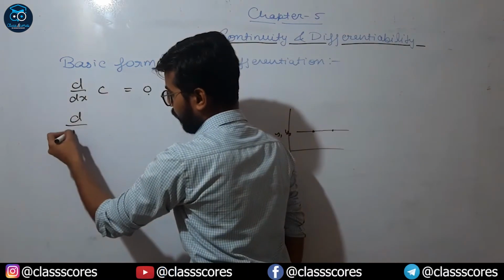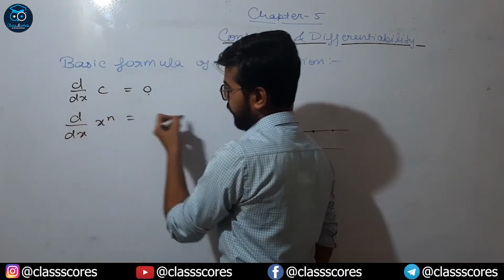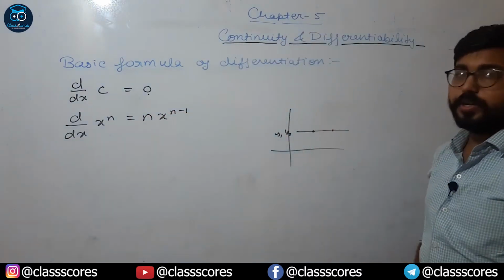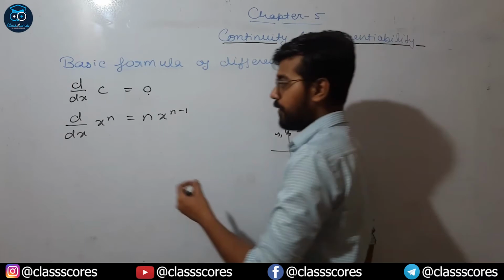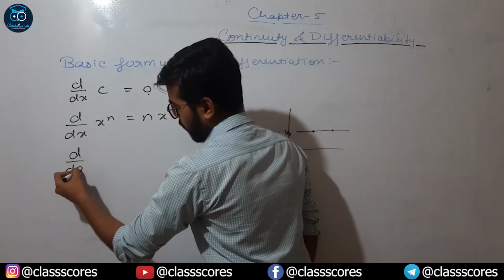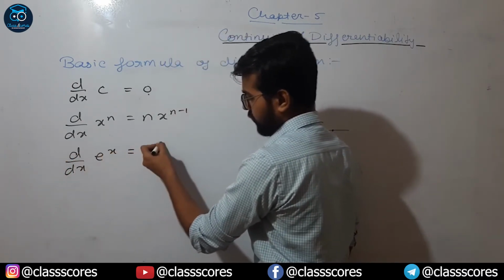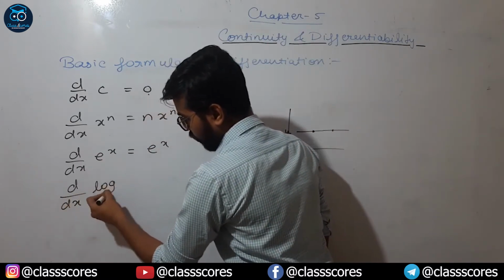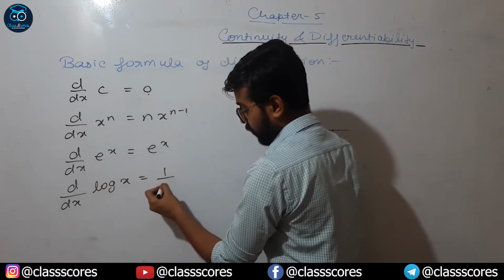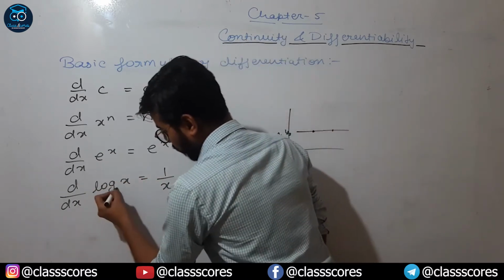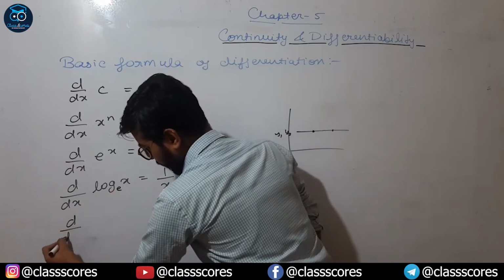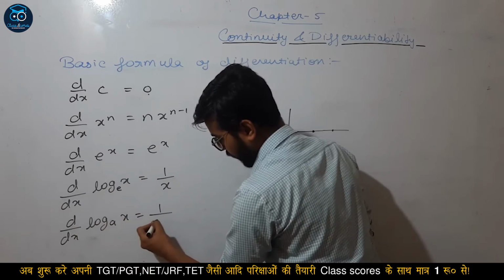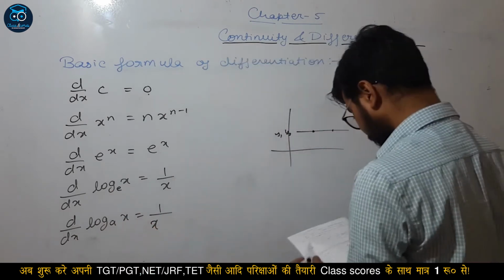Now d upon dx of x to the power n is n x to the power n minus 1. This we already proved in class 11th chapter 13, limits and derivatives. Now next, d upon dx of e to the power x is e to the power x. d upon dx of log x equals 1 upon x, and d upon dx of log a x equals 1 upon x log a.